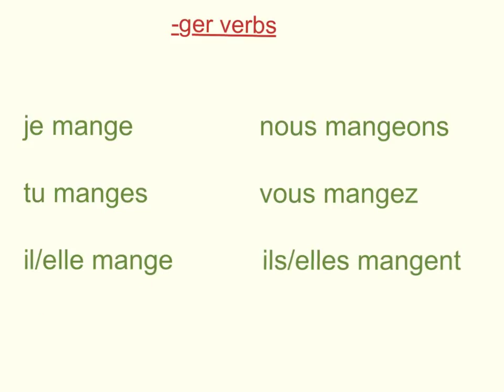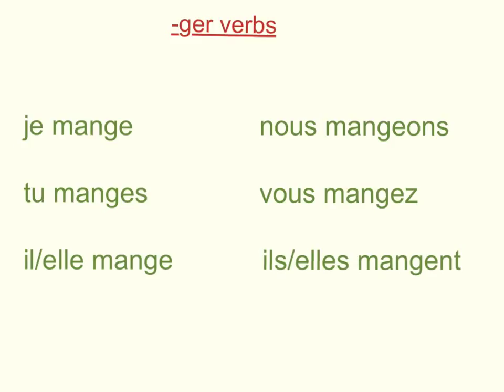Il, elle mange with an E, nothing's changed. Now when we get to nous, this is the only one that's changed. You'll see that has an E here, and we'll talk about that in a moment. But look at vous. No difference there, just an EZ at the end, and ils and elles plural, again, conjugated just like a normal ER verb with an ENT.